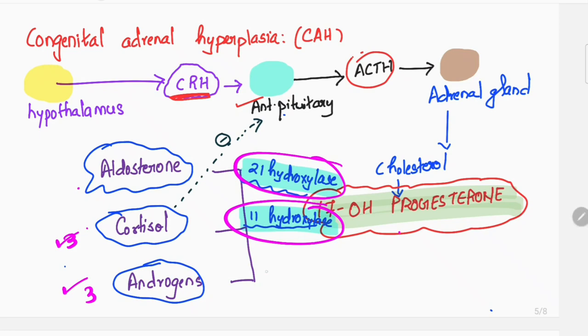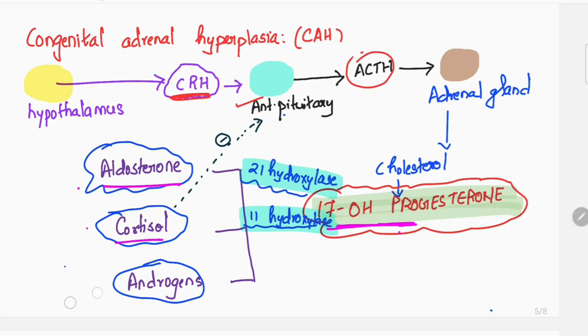You tell me, if these 2 enzymes are absent, can 17-OH progesterone be converted to aldosterone and cortisol? No, it cannot be converted, right? So if cortisol is not produced in the body, will there be a negative feedback mechanism? Is there somebody to go and tell your anterior pituitary, stop producing ACTH? No, because cortisol itself is not formed, right?